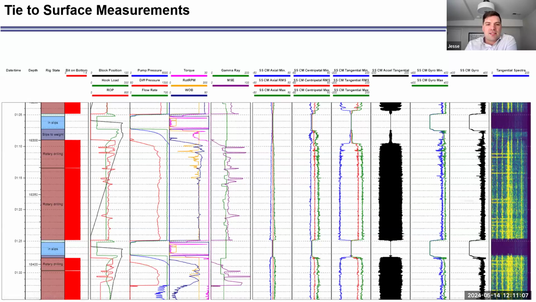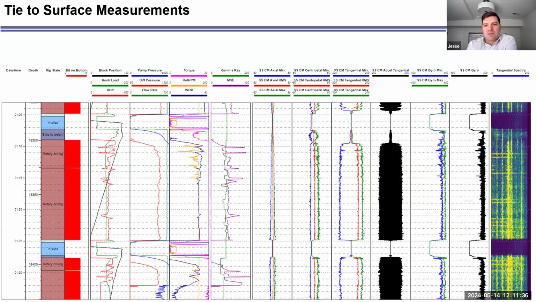So the SSCM axial min, axial RMS, axial max, everything to the right is the high frequency measurements. Everything to the left is what you get from your surface EDR measurements. So we have a time in the first track. We have a depth from your bit depth, so you can tag where in depth you are.